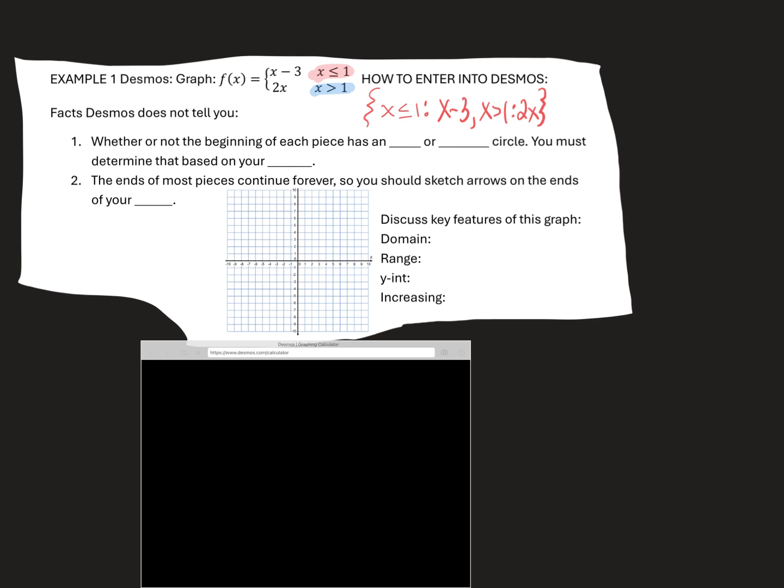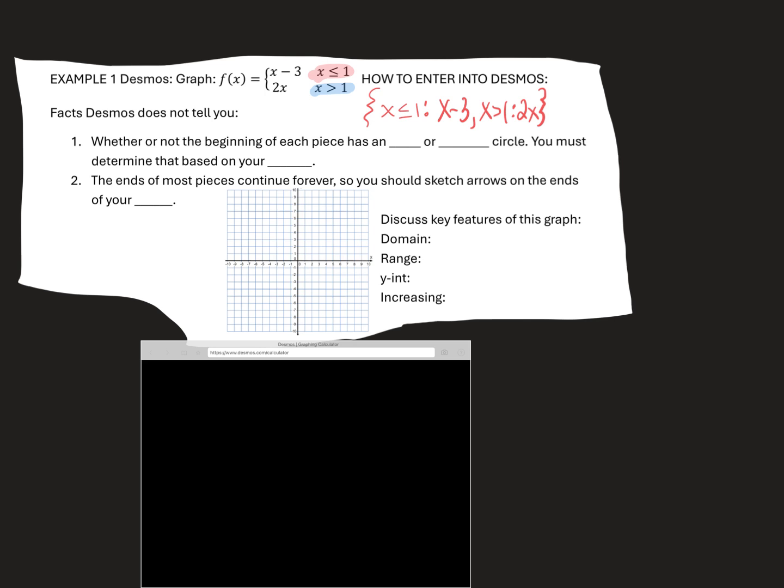Then a comma. And then x is greater than 1, with a colon. And then the expression 2x. And then close your brace. And there's our piecewise function.